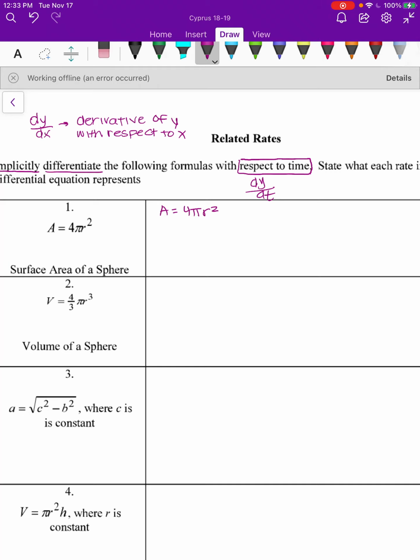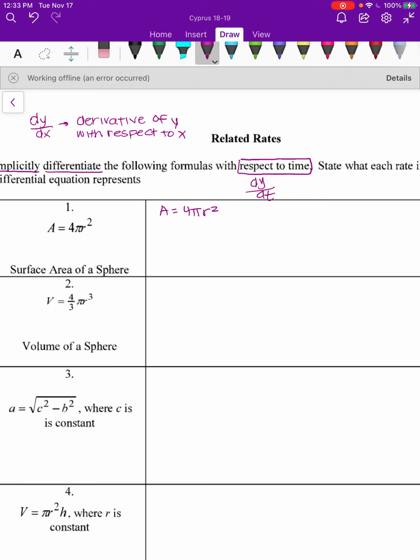Neither one of them is t, so I have to treat them both as a chain rule. Think of the inside function as your t. Even though we don't see t on the inside, we're going to treat it like an inside function. So I need to differentiate both sides of this equation.